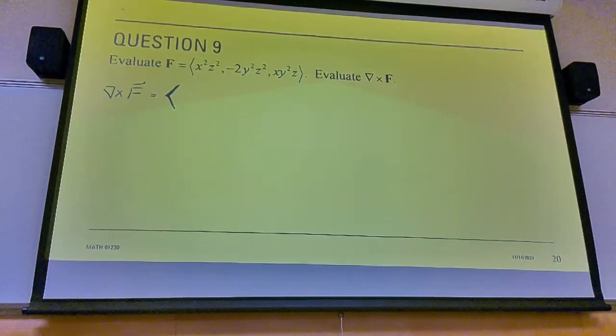For the first term, it's partial of the third term with respect to y minus partial of the second term with respect to z. What is the partial of the third component with respect to y? 2xy and z. Minus what? Negative 4y squared z.